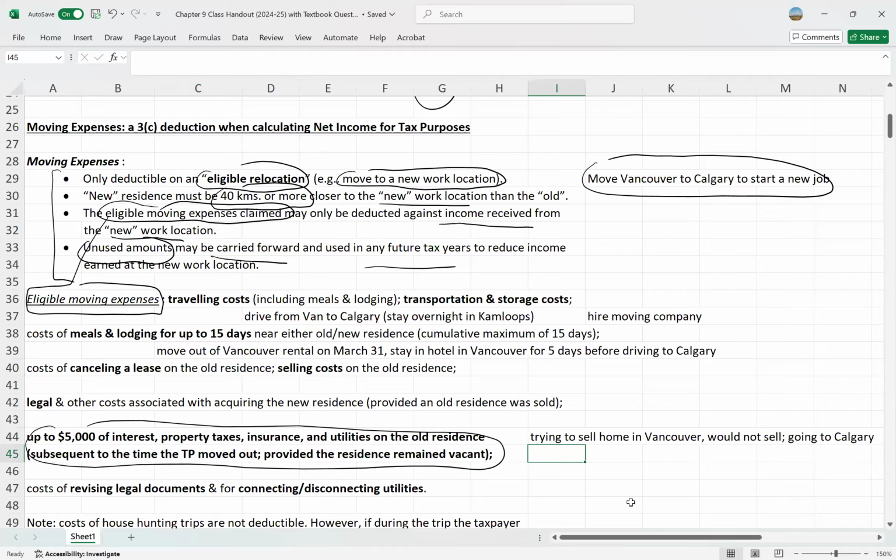So you own a home in Vancouver, you're moving to Calgary to start a new job. You put the home on the market, it cannot sell. It's a slow market, so it's not selling. But you have to leave to Calgary because you have this new job that you have to start. Well, the home is going to be vacant. So provided the home is vacant, then you can claim up to 5,000 of these expenses.